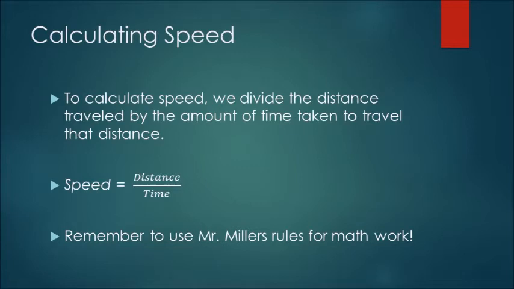To calculate speed, we divide the distance traveled by the amount of time taken to travel that distance. We can write this as an equation: speed is equal to distance over time, where we are dividing distance by time.